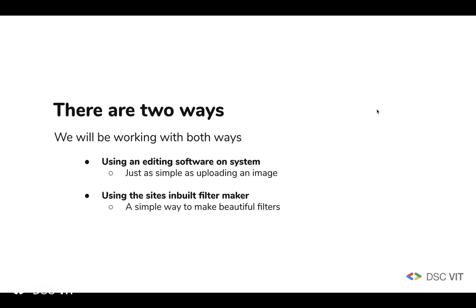That's currently not available in our region, but if you use a VPN or something like that, you can probably make it. It's a very good way of making your filters. But I would suggest making it on an editing software and having the specifications done right so that you can just directly upload it. It's a much easier job, and it gives you much more freedom.